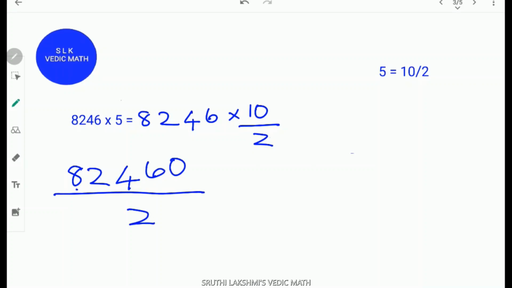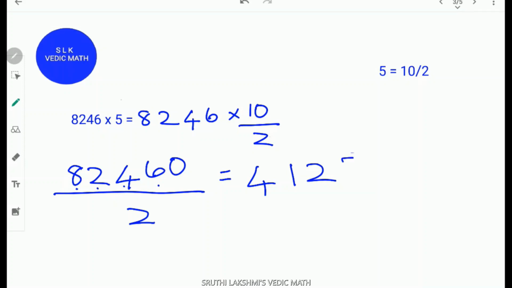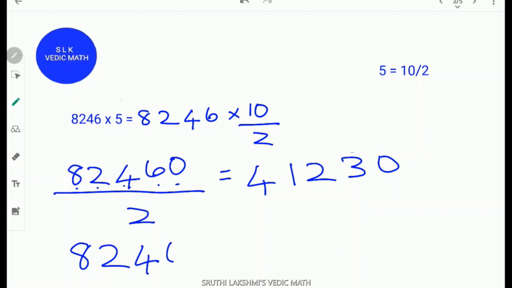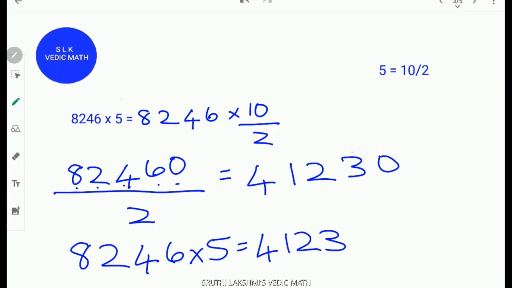So 4 times 2 is 8. So write down the 4. 1 times 2 is 2. 1. So 2 times 2 is 4. And 3 times 2 is 6. And write down the 0 as it is. So 8,246 times 5 is 41230.